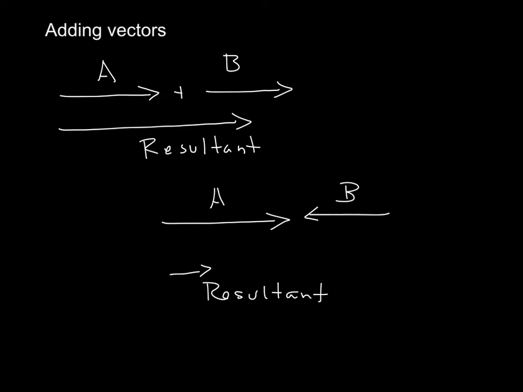Now, that end piece is important because you need to define direction. So if you look up here with A and B, you see that A is headed to the right, or maybe in the positive x direction. So is B. So the resultant, while it has a magnitude that is the addition of A and B, or the sum of A and B, it must also contain a direction.